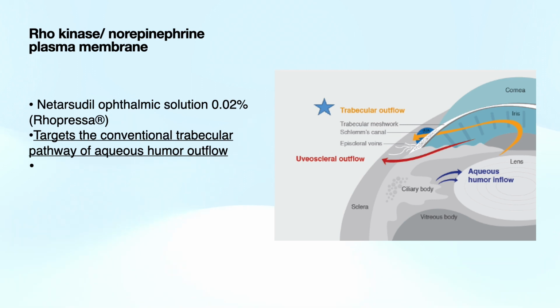And in particular, this drug, Rhopressa, is a novel agent that specifically targets the conventional trabecular pathway of aqueous humor outflow, as opposed to affecting other outflow routes, just like those prostaglandin F2 agents. So remember that this agent, Rhopressa, works on the conventional route and not the accessory uveoscleral outflow.